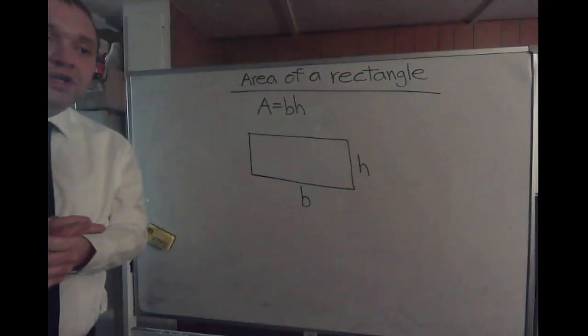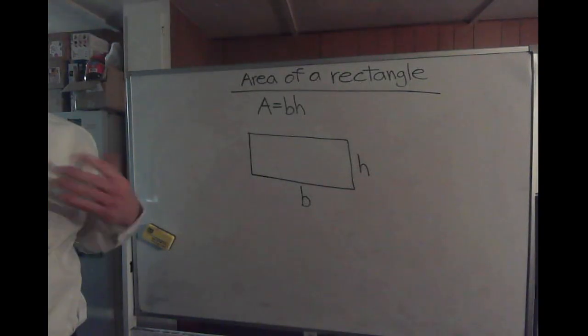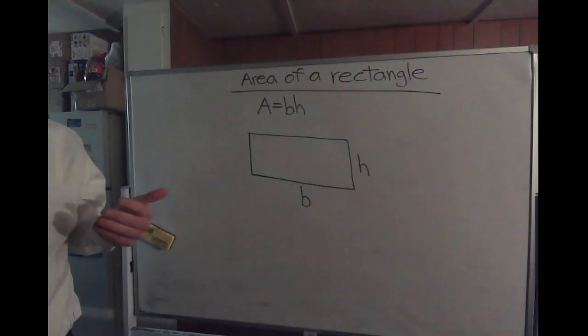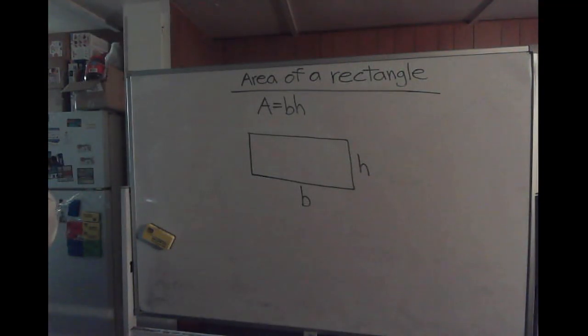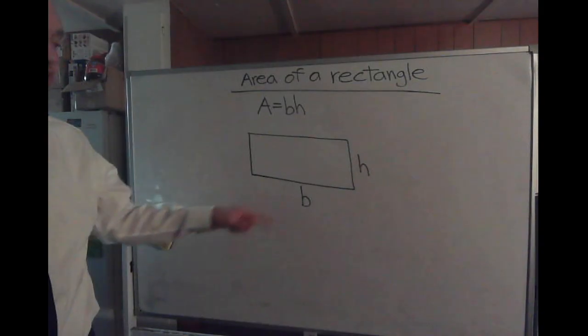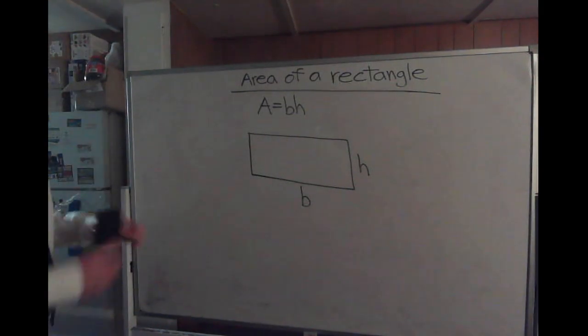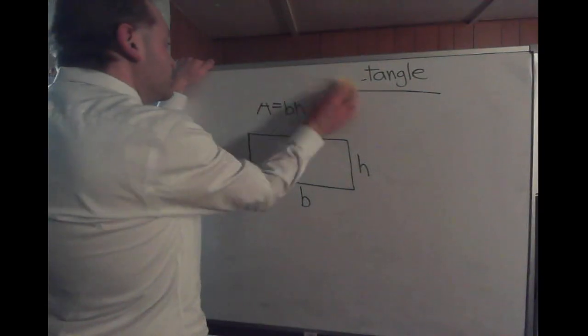I'm sure you've heard it said length times width, which is also correct, but I'm trying to get us into a little bit more advanced terminology. Length times width is still correct, that's not wrong to say, but it's also referred to as base times height to be more precise. Now we'll do some exercises for those.